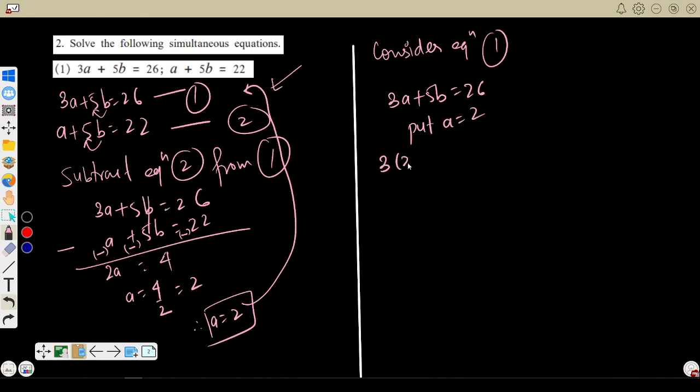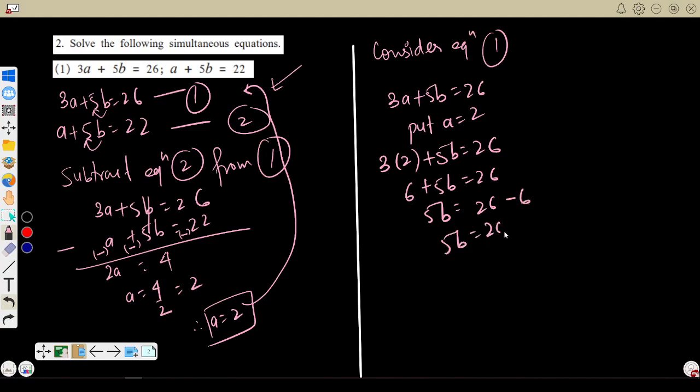The equation will be 3 multiplied with 2 plus 5b is equal to 26. 3 into 2 is 6 plus 5b is equal to 26. So 5b is equal to 26 minus 6, that is 5b is equal to 20. So b will be 20 divided by 5, which is 4. Therefore, the value of b turns out to be 4.